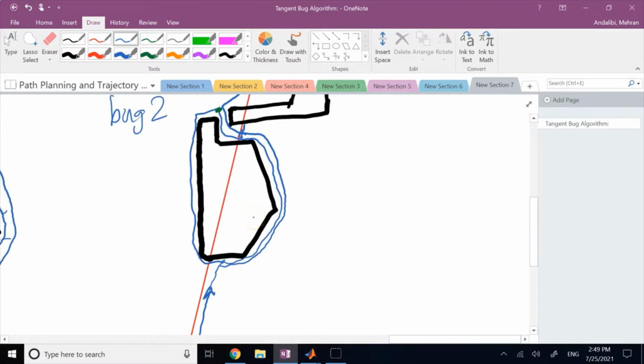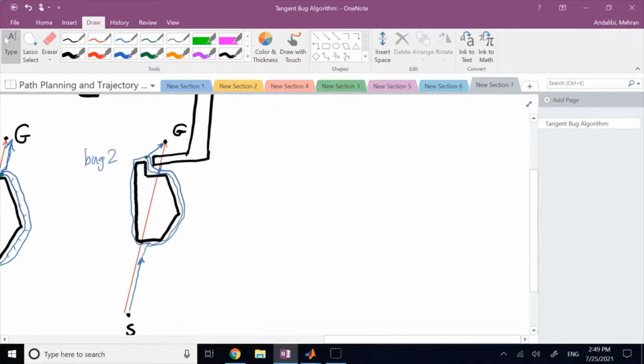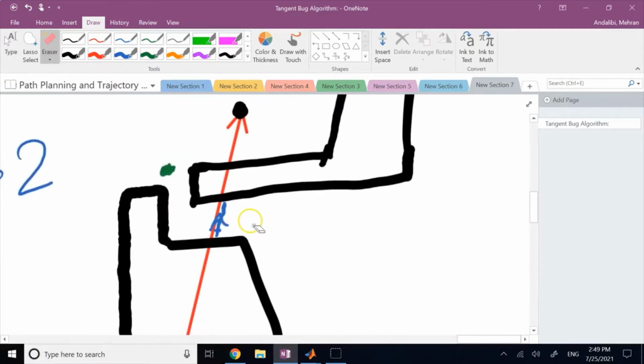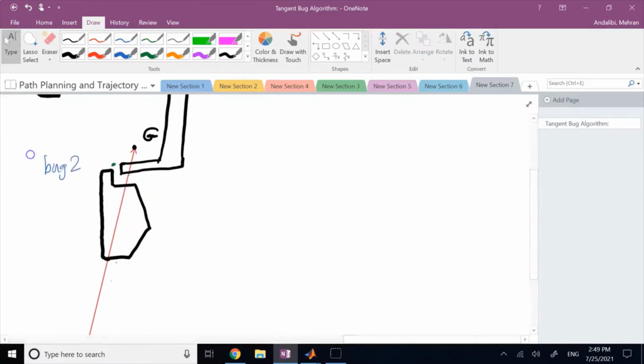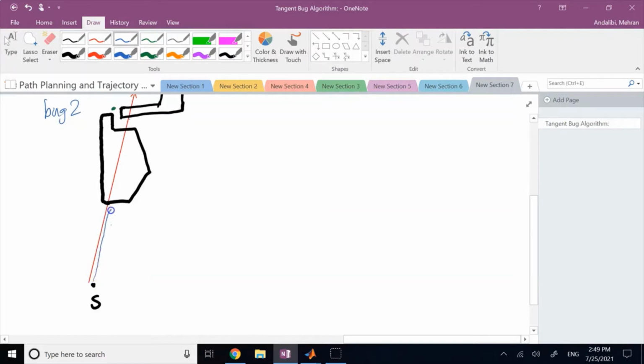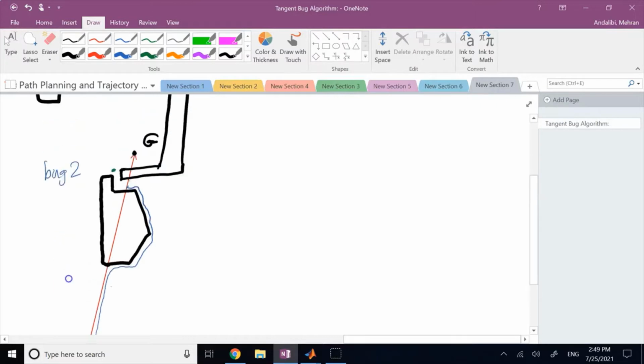Now compare that to Bug 2. So what happens in Bug 2? Let me get rid of these so you can have something for comparison. In Bug 2, you go here, you go around, you come here, and then you meet this line.